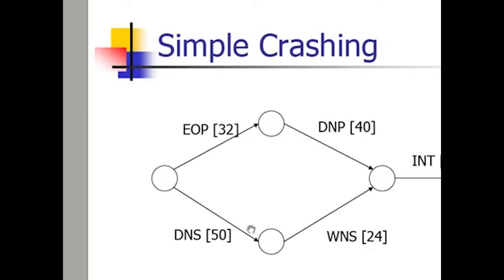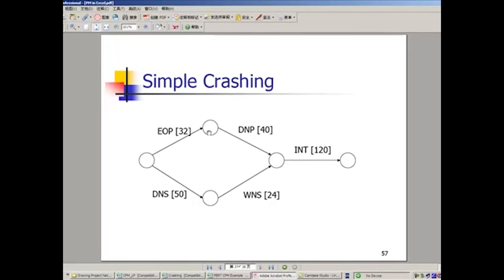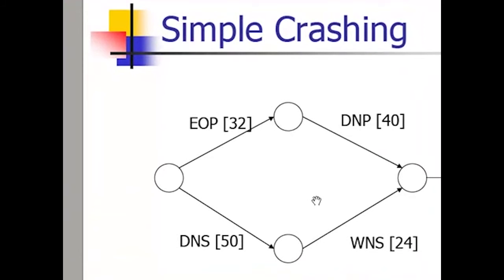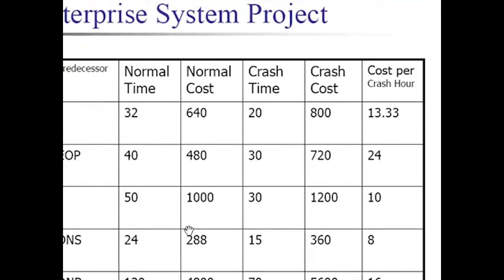First, if we want to reduce the duration of activities on both critical paths, you need to find for each critical path the smallest crashing cost per hour. Suppose in that case still WNS, it takes $8 to reduce by 1 more hour. Then the second is DNS.